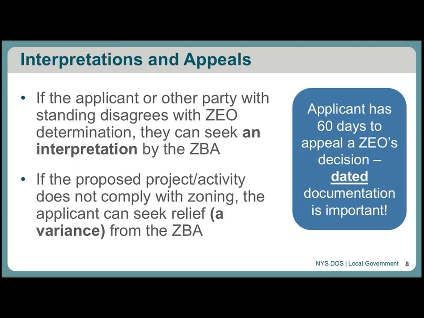If an applicant understands and doesn't have a concern that there's been a misinterpretation of the zoning, but they do know they need relief and they want to seek that relief, they would then take that determination. They should understand what they need relief from, and then they would go seek relief from the Zoning Board of Appeals in the form of an area variance or a use variance request.